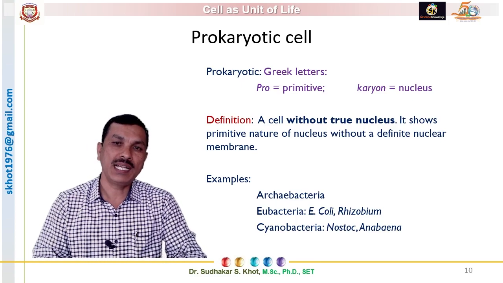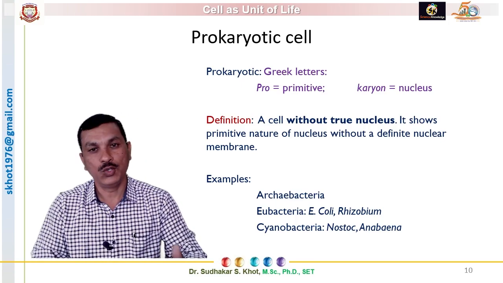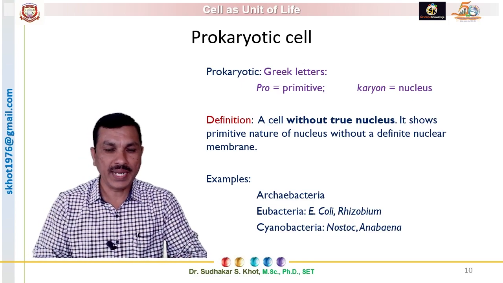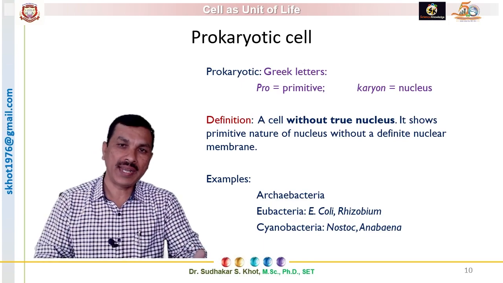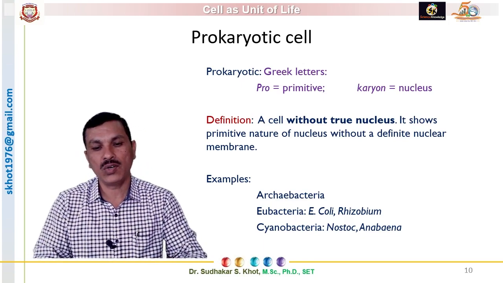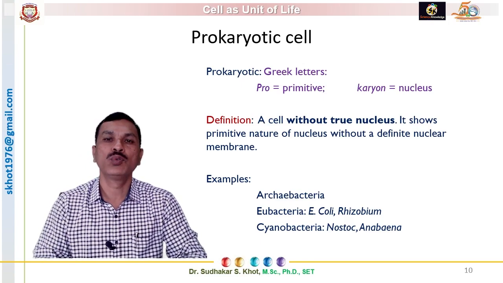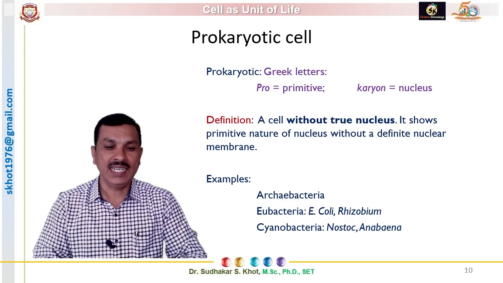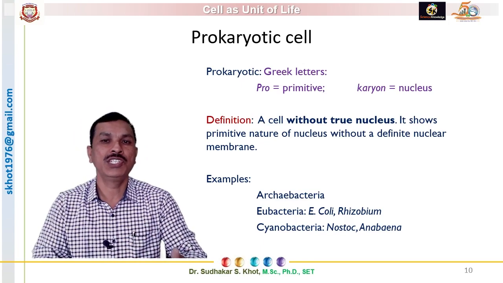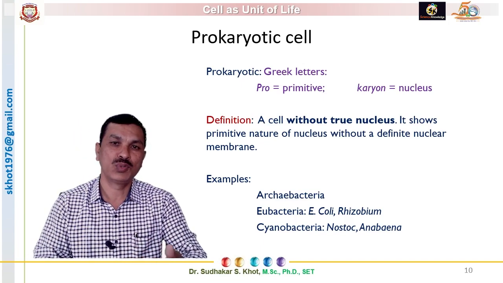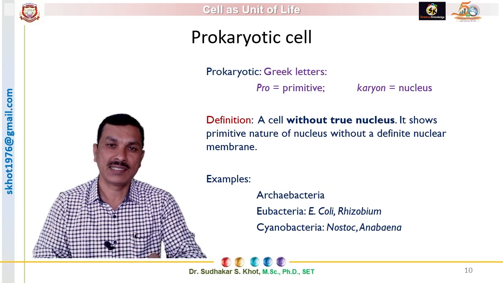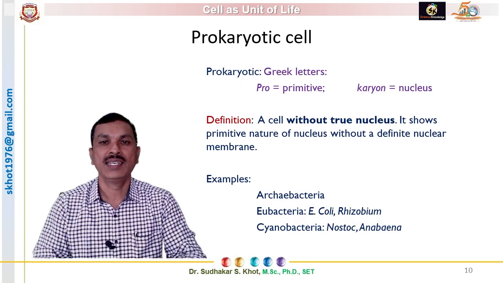The best examples are archaebacteria, eubacteria, and cyanobacteria. In true bacteria, or eubacteria, we can take the example of Escherichia coli, the colon bacteria, or Rhizobium, which is a root nodule bacteria. And cyanobacteria are commonly called blue-green algae, BGA. So in plants also, we have a group of organisms which show prokaryotic cells, specifically Nostoc and Anabaena.